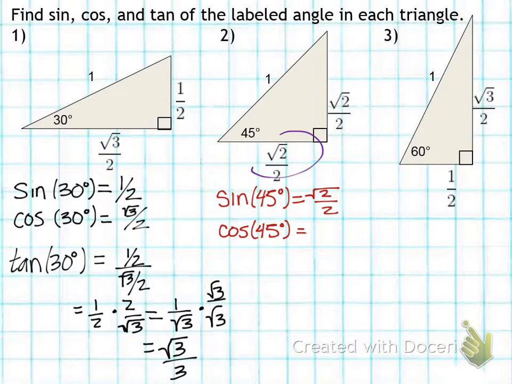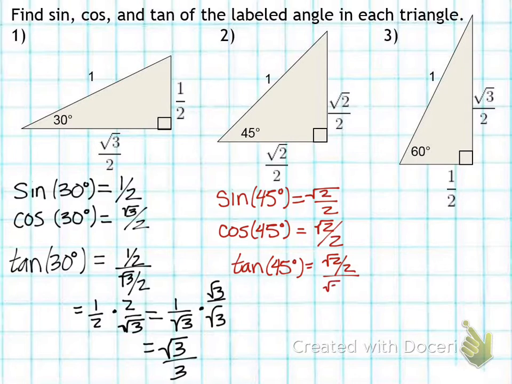It's the adjacent over the hypotenuse, so that will also be root 2 over 2. Tangent is opposite over adjacent, which is just going to be 1 here, because those are both the same. It's like 5 divided by 5 is 1. No matter what number you have, if you divide by itself, you just get 1.